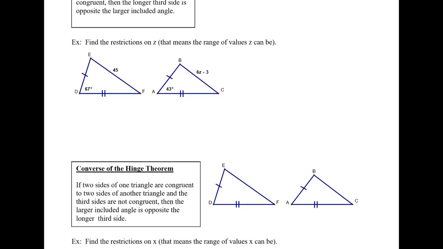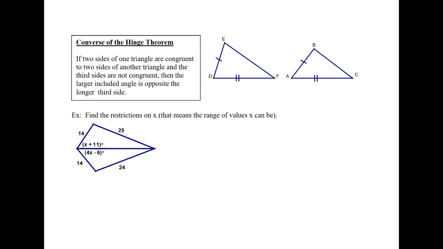Okay, so the converse is going to do something similar. It says if you have two sides of one triangle congruent to two sides of another triangle, just like the other one, but then instead of talking about the angles, it says the third sides are not congruent, these two sides, EF and BC. Then the larger included angle is opposite the longer third side.